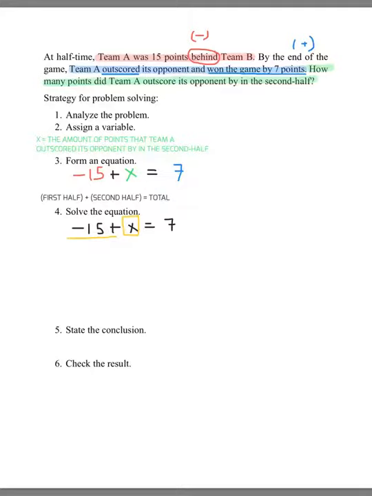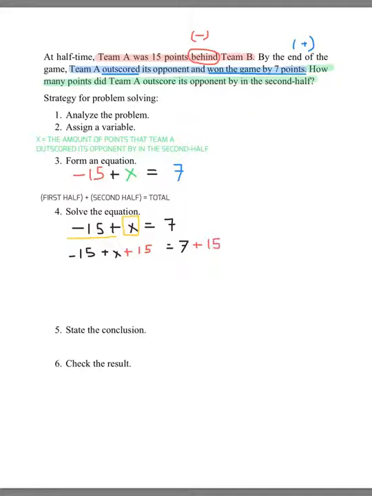The only way to do so is by adding a positive 15. So we're going to add a positive 15 to both sides of the equation. Not just one, because that would throw off our equality, but we have to do it to both. So we'll have a plus 15 on the left, and a plus 15 on the right.